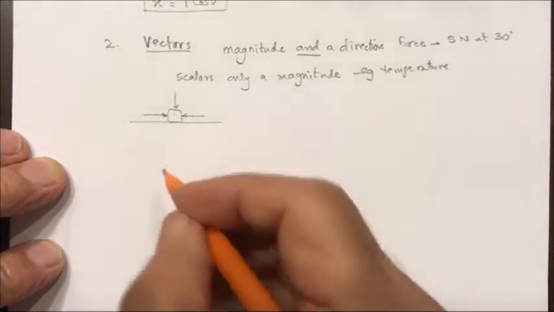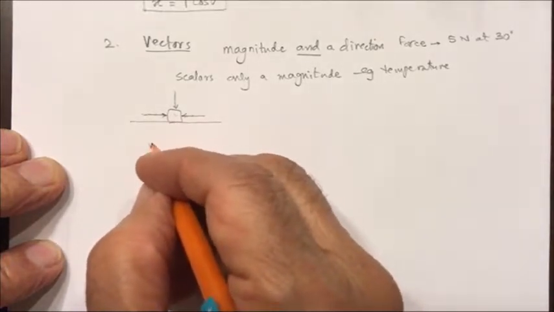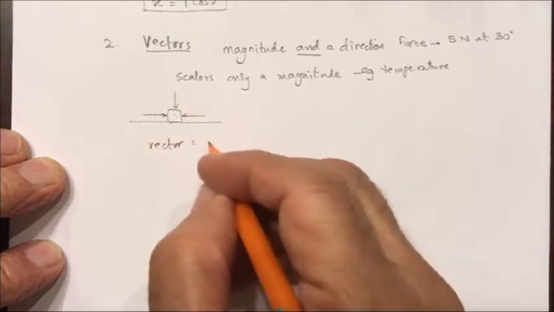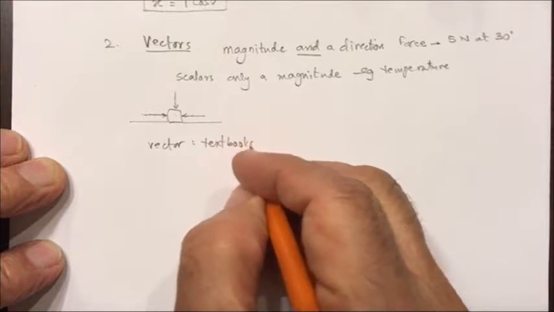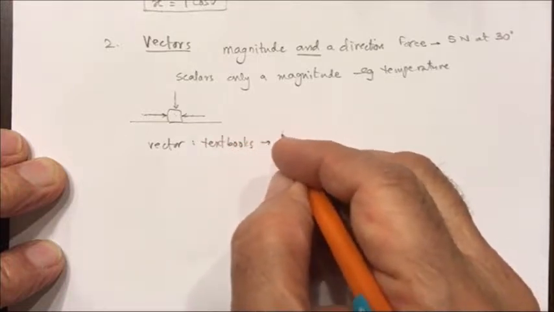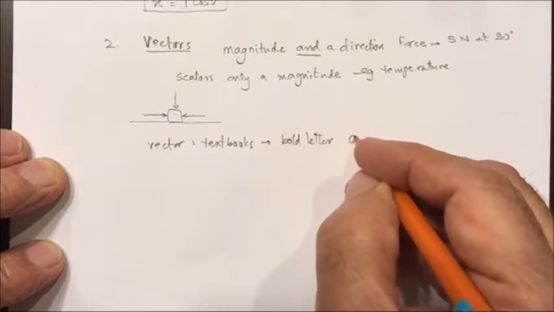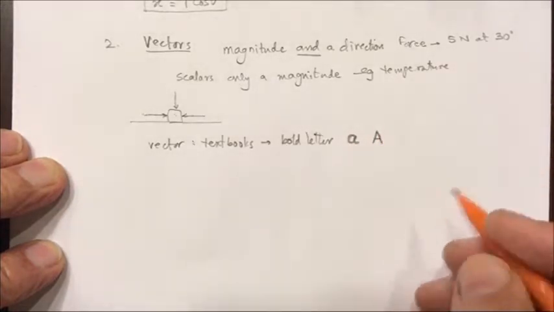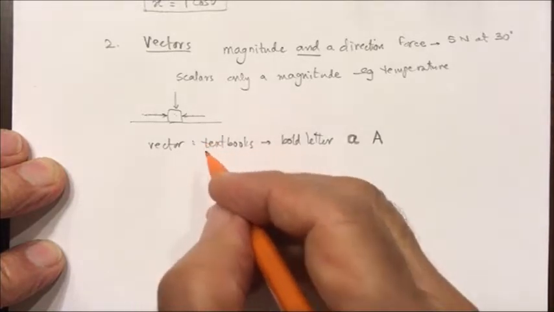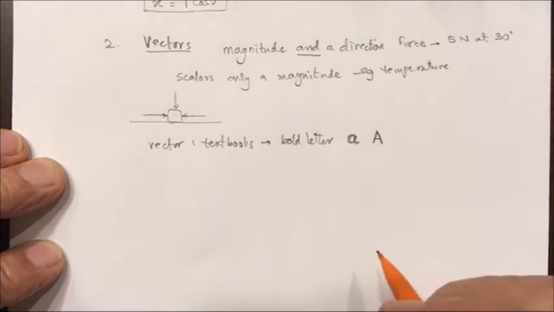Now, when we write a vector, in textbooks a bold letter is used. So we write the letter A and it's written rather bold, or it could be a capital A but in bold. But when we're writing freehand or with handwriting, it's not so convenient to make it bold.